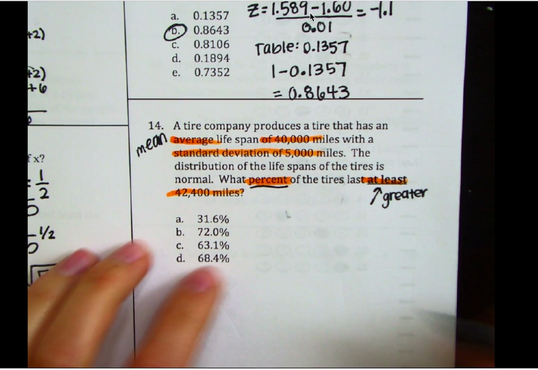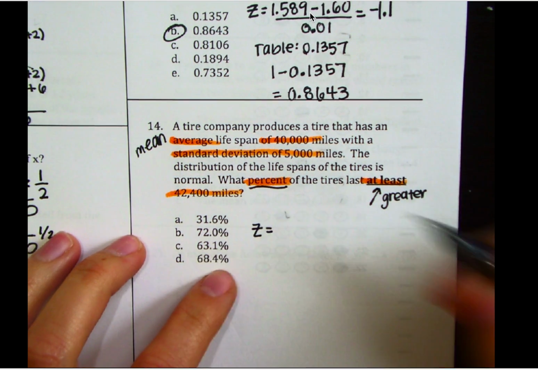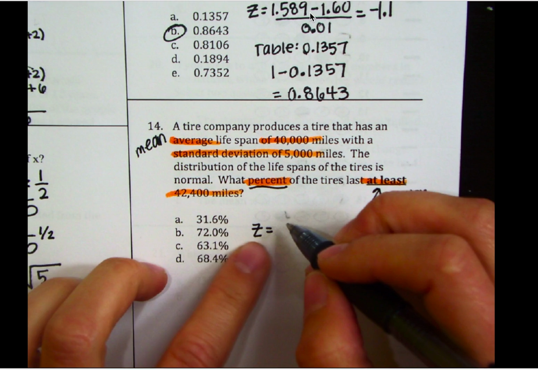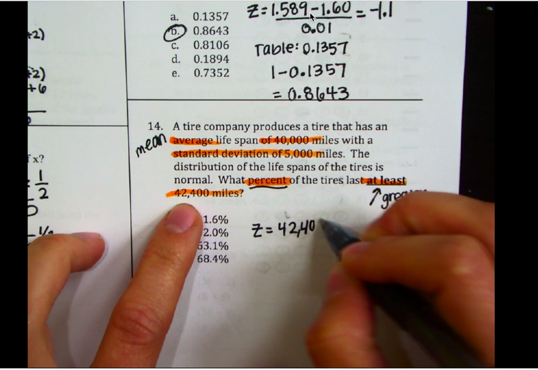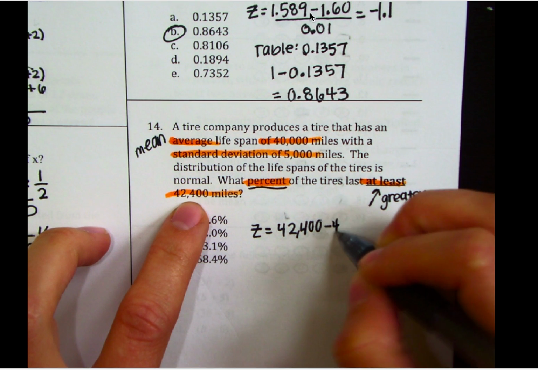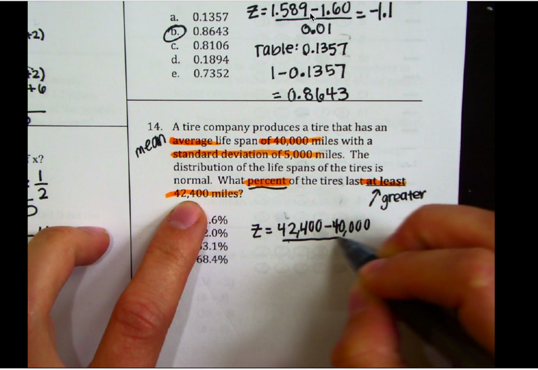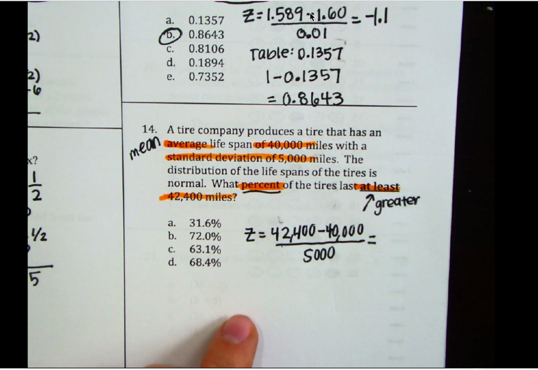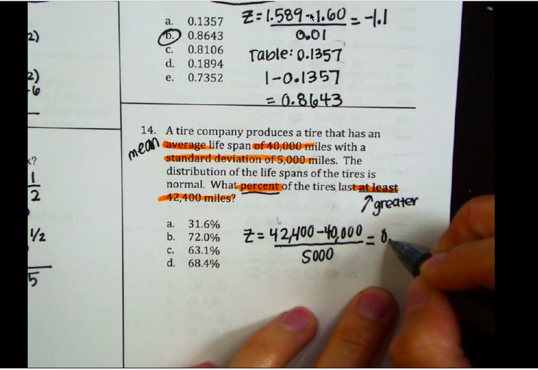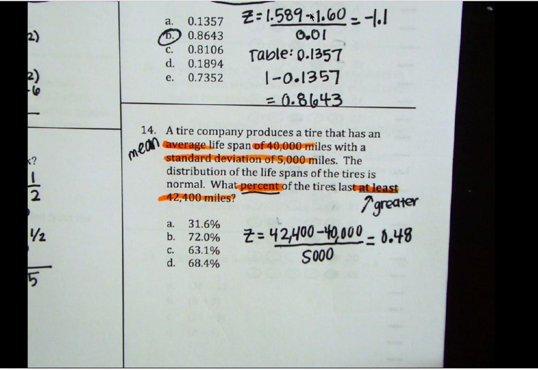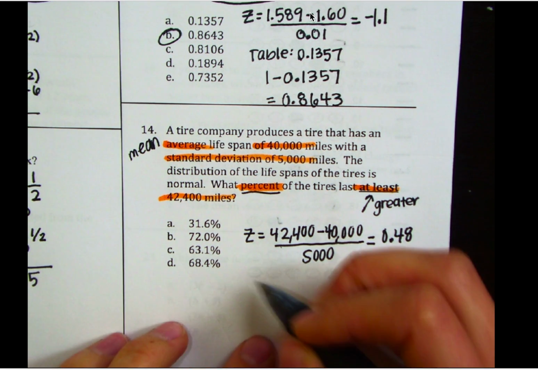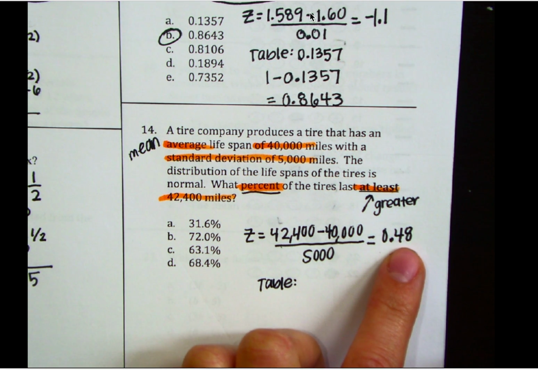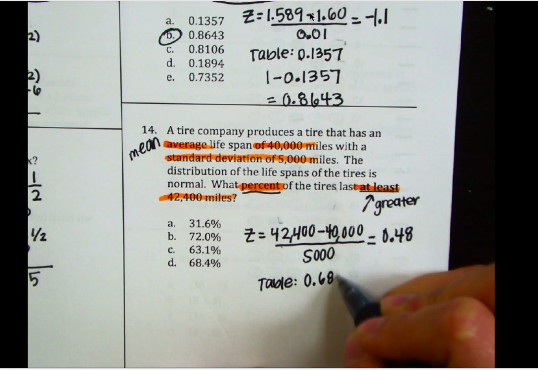So remember, at least means greater than or equal to. Okay, so again, we are going to use our formula to find the z-score so that we can find the area in our table. So z equals the value we're talking about, 42,400 miles, minus the mean divided by the standard deviation. And that's going to get us a z-score when we put this into our calculator of 0.48. Okay, so again, we need to find the area. When we look up 0.48 on our table, we get 0.6844.